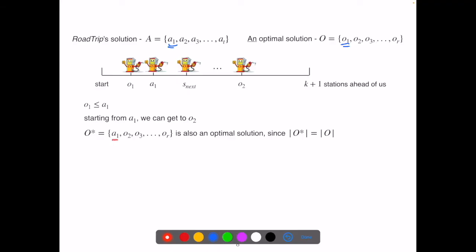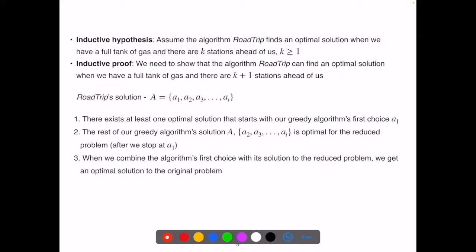We know this is a valid solution because we can stop at A1 and get to O2 and so on. We also know O star is optimal since its cardinality is the same as that of solution O. Looking at the 3 steps, now we have done the first one.